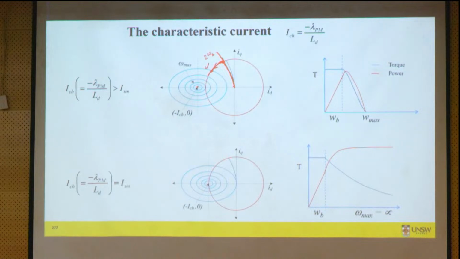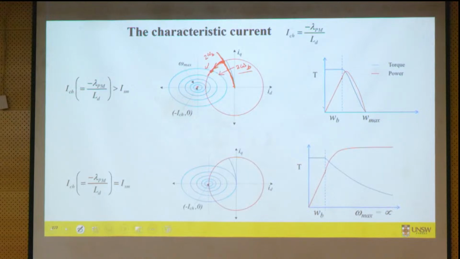So if it's twice the base speed, this will become my operating point. Previously at rated speed it was working here, and then it moves, and let's say this ellipse relates to twice the base speed.